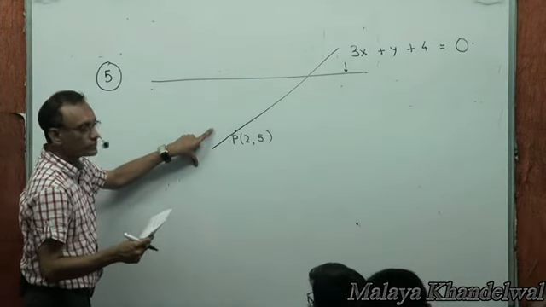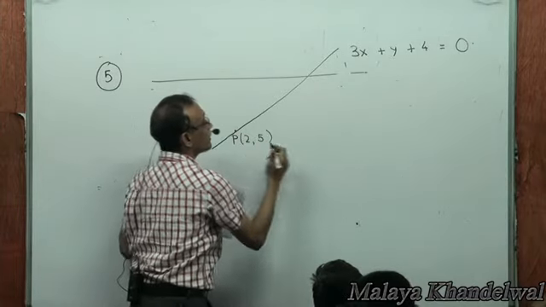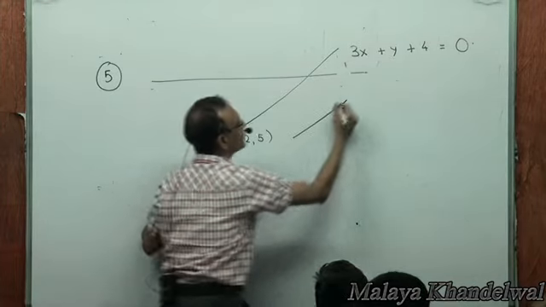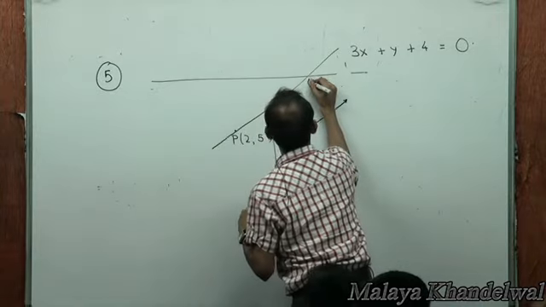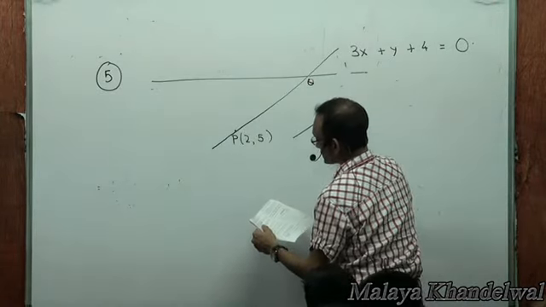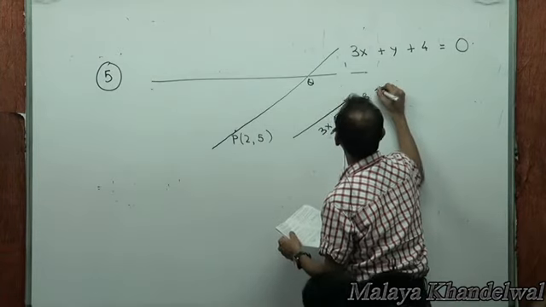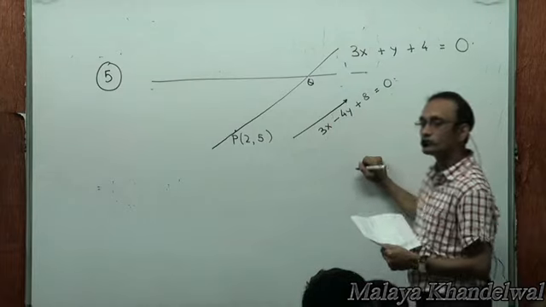No, it's not. We want to find the distance of P 2 comma 5 measured parallel. That means PQ is what I want to find, such that PQ is parallel to 3x minus 4y plus 8 equal to 0. Yes or no?